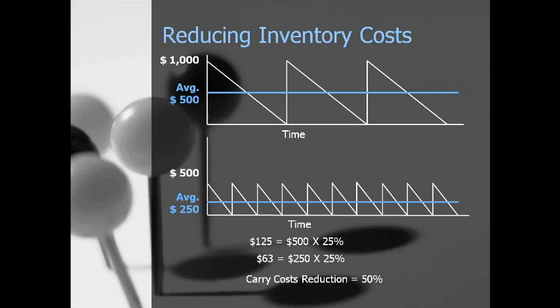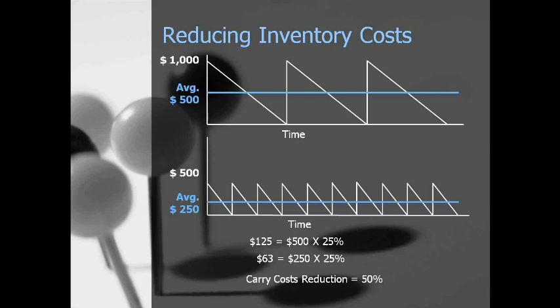So if we were buying it in $500 increments, using the same formula, our average inventory would be $250. Do the math. $250 times 25%, rounded up, is $63 to carry the same amount of inventory over the course of a year.